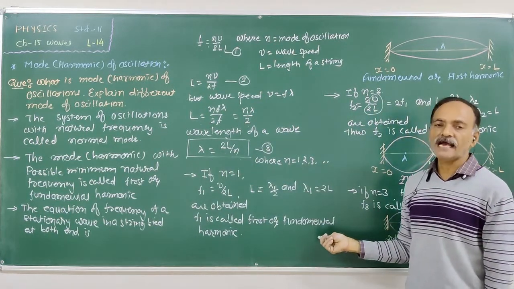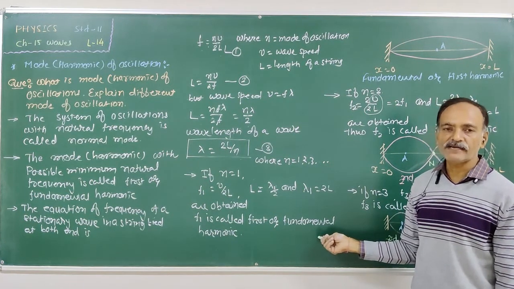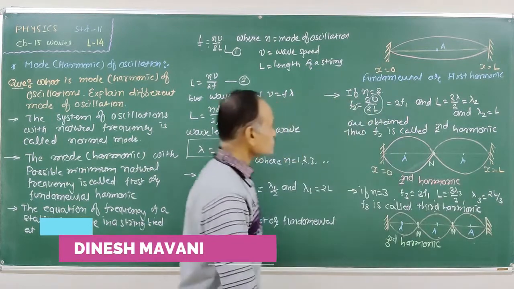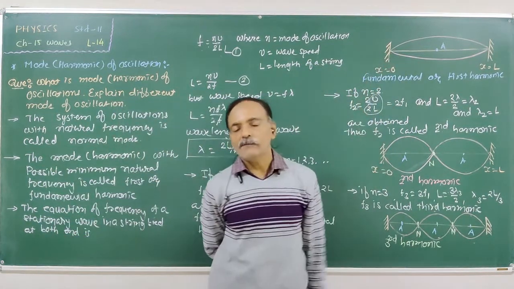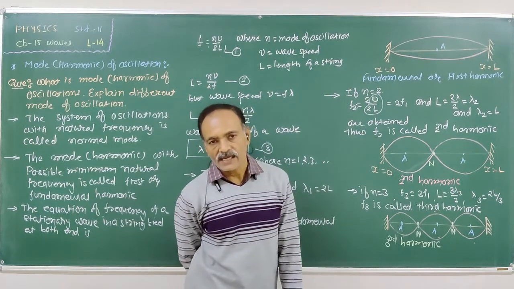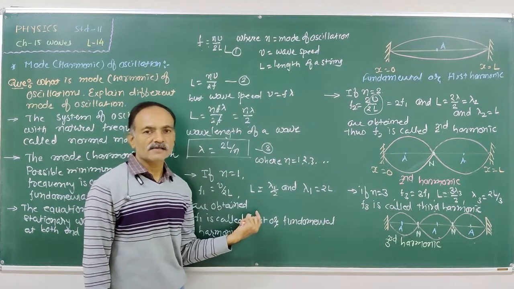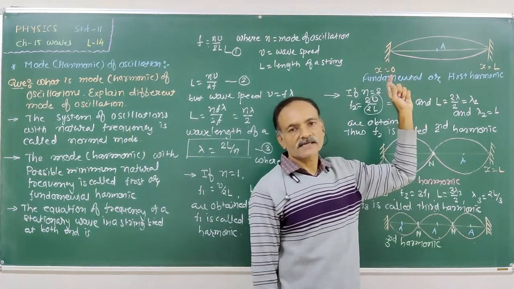F1 is known as the first or fundamental harmonic or the fundamental mode of oscillation. So these types of stationary waves are produced in a string of length L when the string oscillates with the first harmonic.